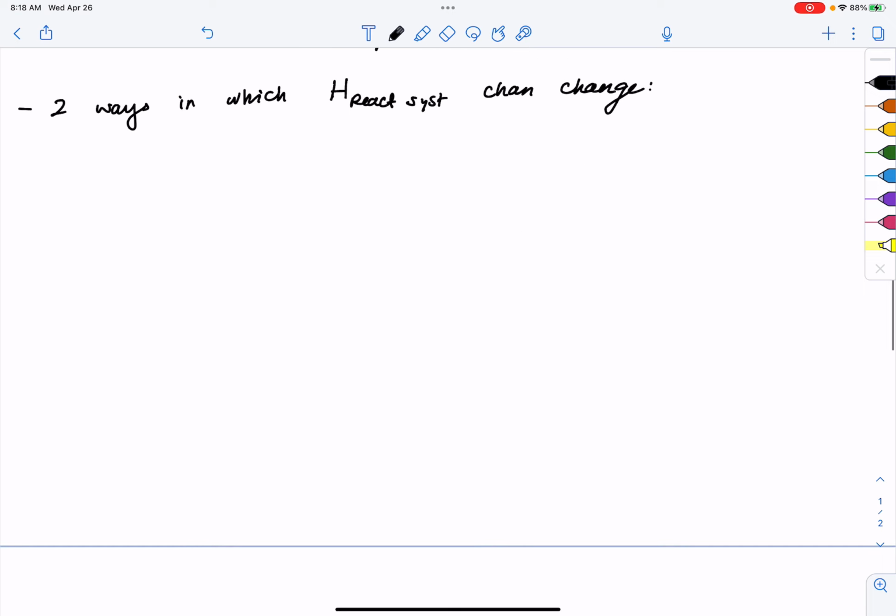So what I'm going to do is sketch a couple of diagrams where on the x-axis we're going to look at the passage of time. So this is reaction time. So once the reaction starts, what's going on? And then here on the y-axis, I am going to look at a generic energy axis.